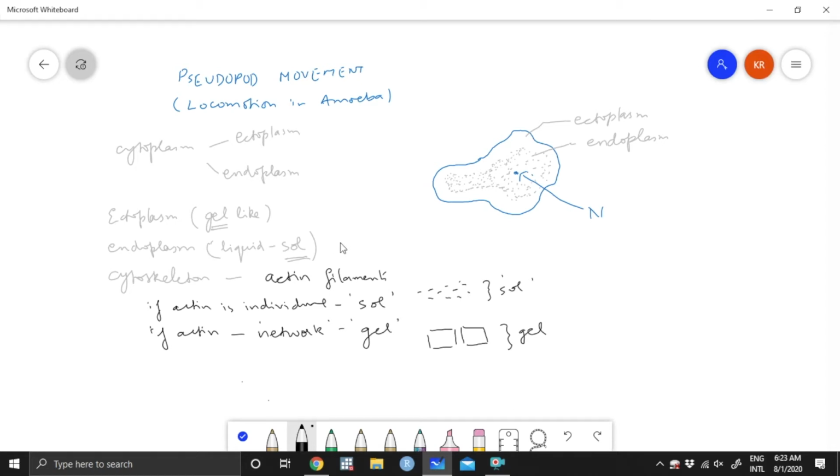Now just before a pseudopodium is formed and the amoeba needs to move, let us say that the direction of movement is in this.